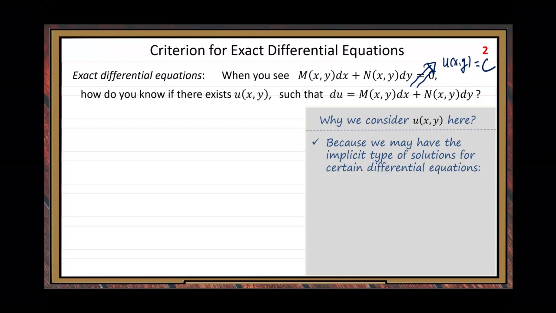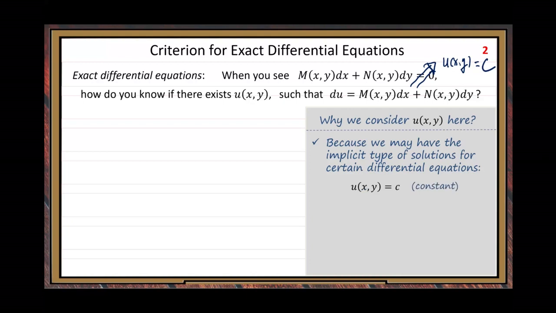So we do not need to write y equals an expression of x. You do not have to write in that way. So we just keep the implicit form of the solution function, the implicit type of solutions for certain differential equations.